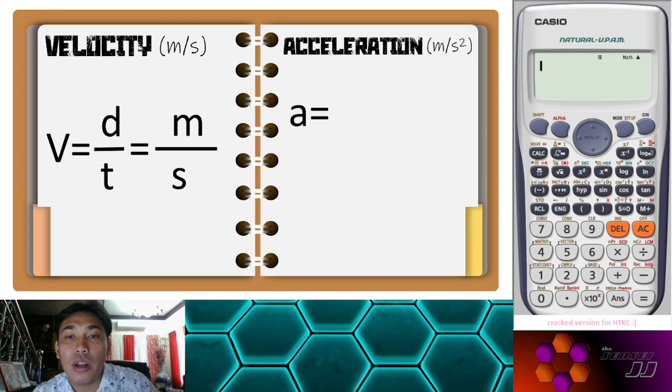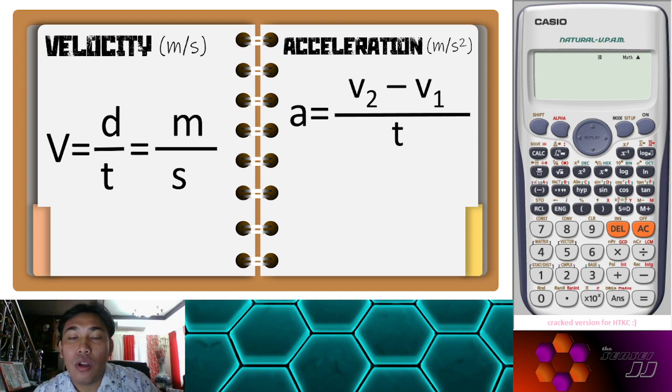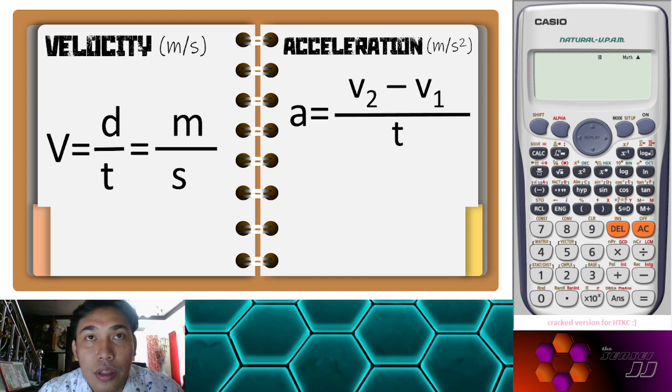We have a formula of a equals v2 minus v1 all over time. So, sir, why are you having two velocities when the distance only has one? Every distance you cover starts from zero, and everything that you incurred is measured from zero.